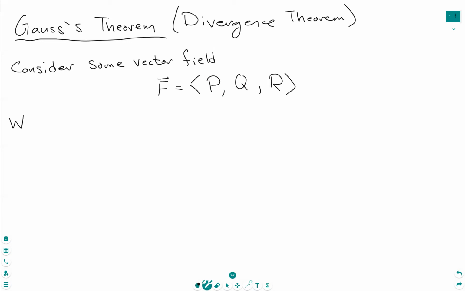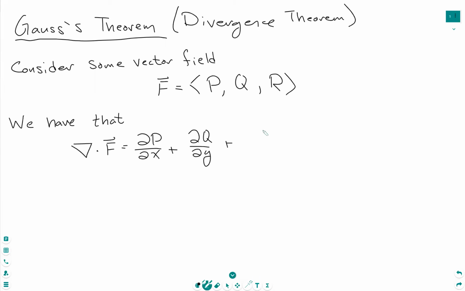We also have that the divergence of F is partial P partial x plus partial Q partial y plus partial R partial z. We've learned that from the time that we spent on the divergence.